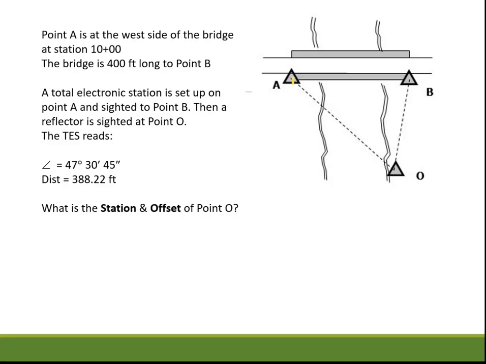The distance to that reflector from A to O is 388.22 feet. So from here we'll determine the station and offset of point O.